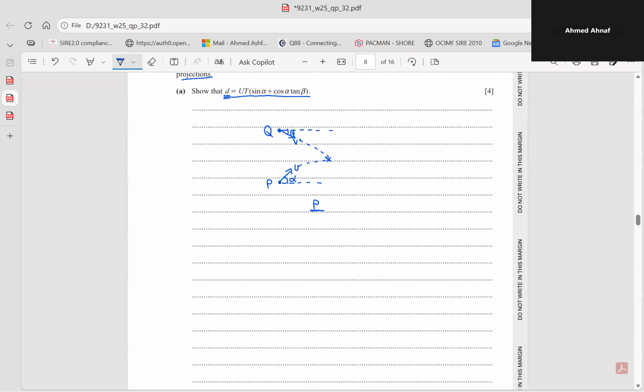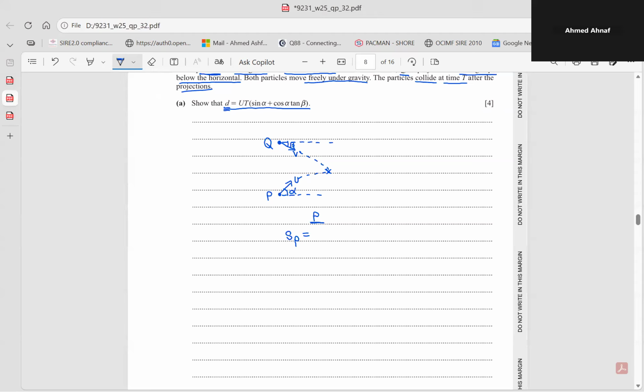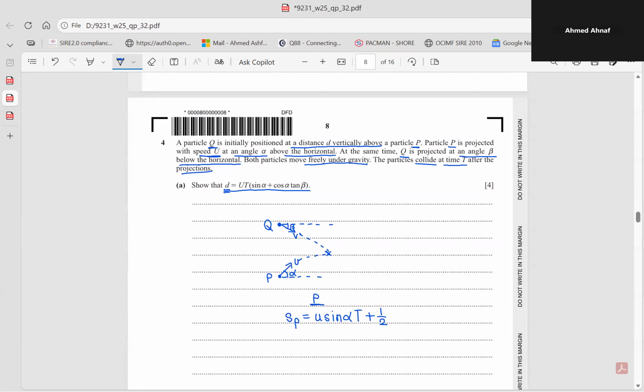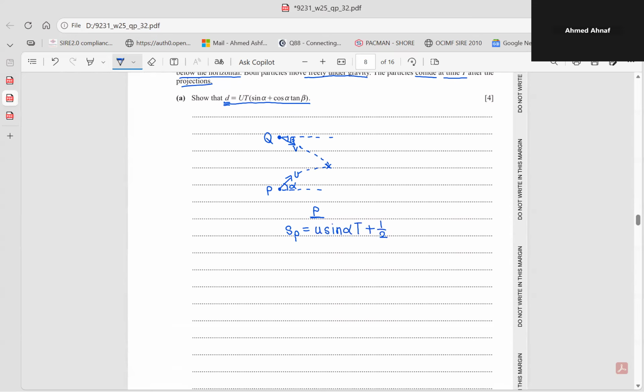We're just going to call it s_P. Since we are finding the vertical distance moved, u is going to be the vertical component of the initial velocity of P. So it's going to be u sine alpha times big T, plus half, and then a is minus g.